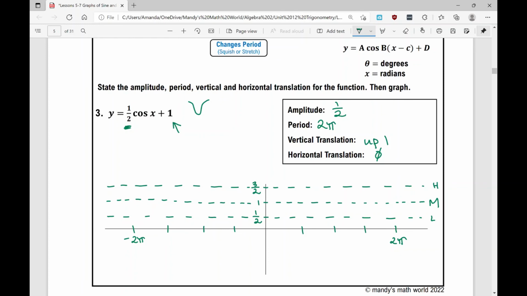We're splitting that period up into fourths. So 2 pi divided by 4 is pi over 2. We're counting by halves. This tick mark is pi over 2. This is 2 pi over 2, which is pi. This is 3 pi over 2, and then there's 4 pi over 2, which is 2 pi. I'm going to have the same thing on the other side of my y-axis, but they're all negative values. Now let's graph.